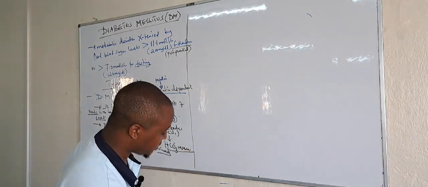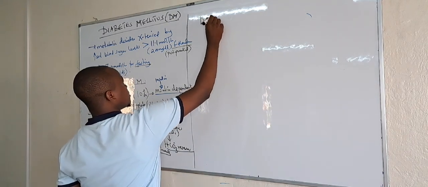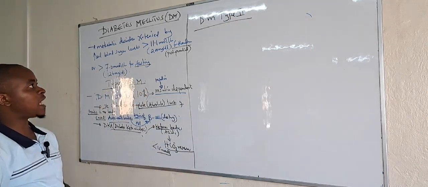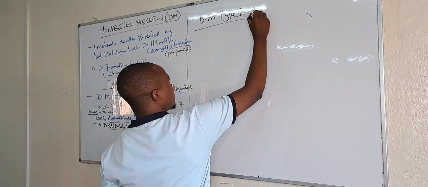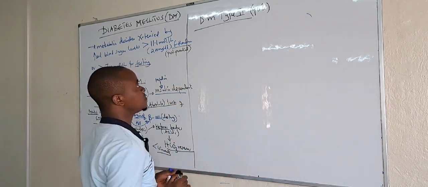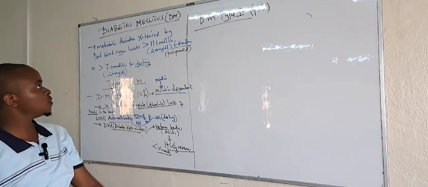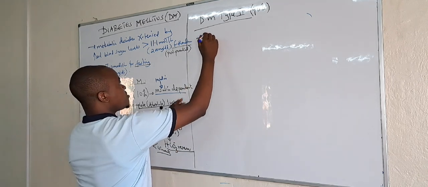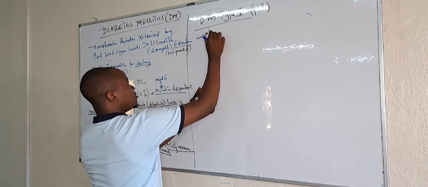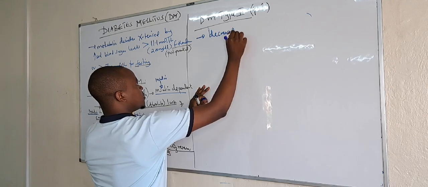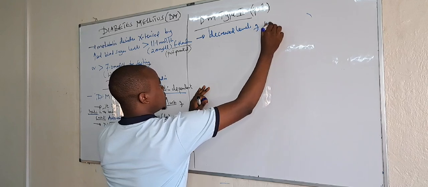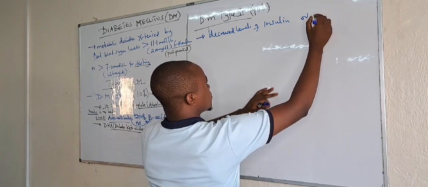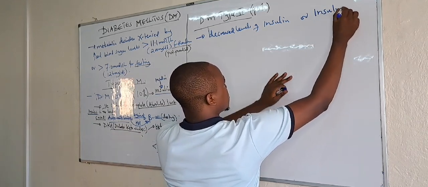So we have diabetes mellitus type 1 and diabetes mellitus type 2. This type 2, we said, occurs in 90% of the patients suffering from diabetes. And this type 2 is due to what? It can be due to decreased levels of insulin, or it can be due to insulin resistance.